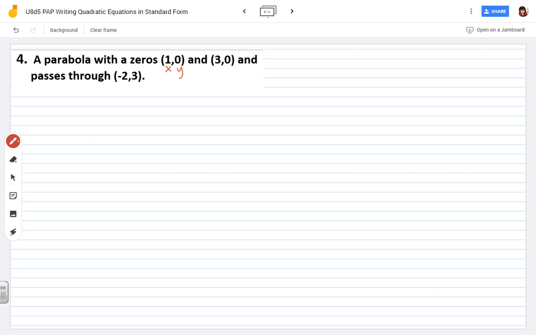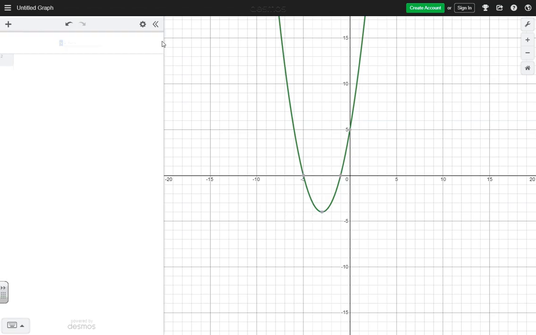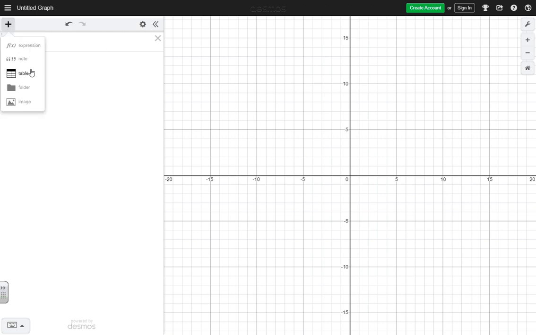Let's go to Desmos. I'm going to get rid of that. Now we can always add a table. Okay. And this you could do on graph paper, if you didn't have that. So I'm going to put in the points 1, 0, and 3, 0. 1, 0, 3, 0. And then I'm also going to put in the point negative 2, 3.